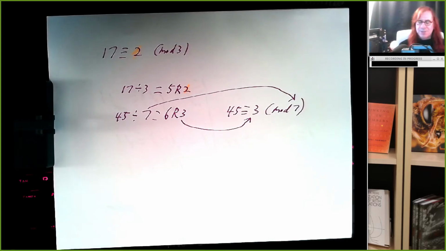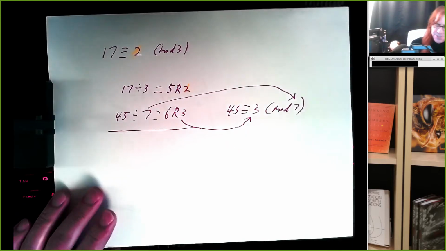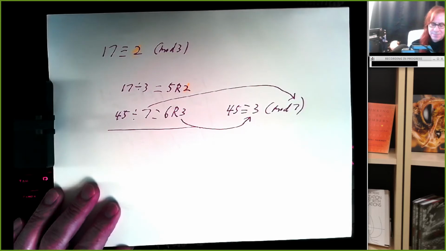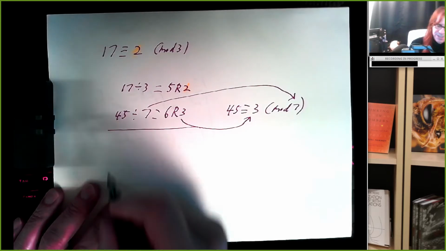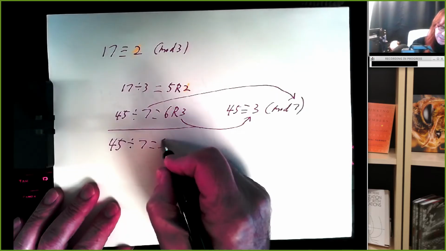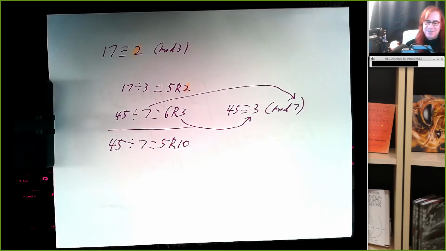And so here's the other way to think about the division algorithm. Put yourself back in elementary school, and you're doing divide problems, and your teacher wants you to divide 45 by 7. And the answer the teacher is looking for is 6 with a remainder of 3. But it would technically be correct to say this. 45 divided by 7 is 5 with a remainder of 10.